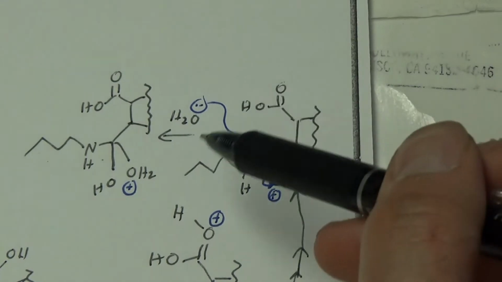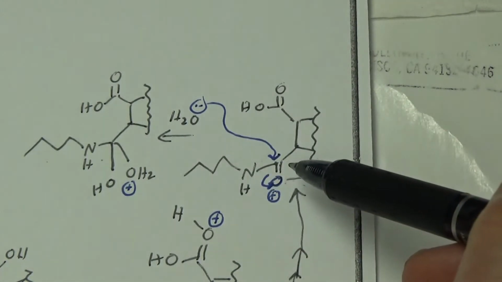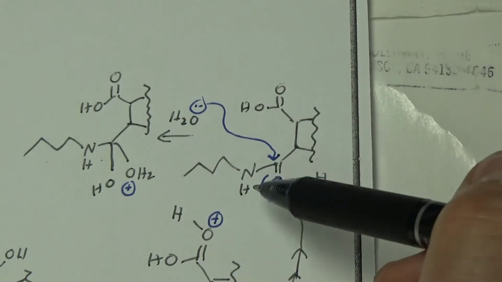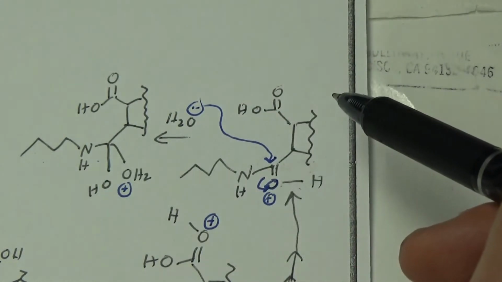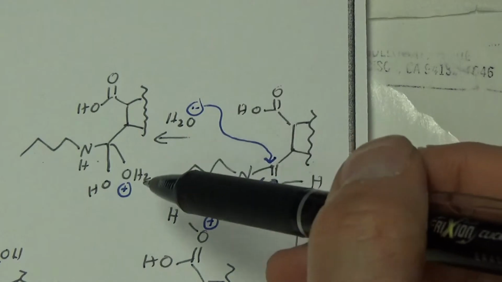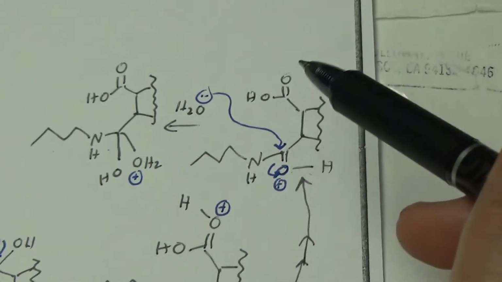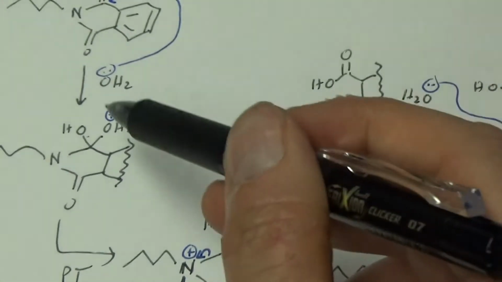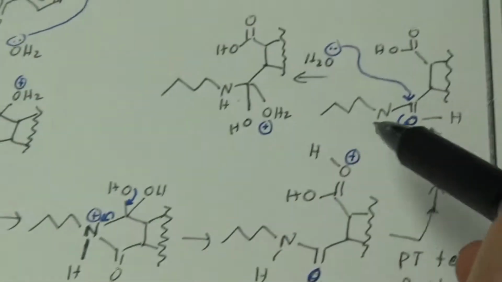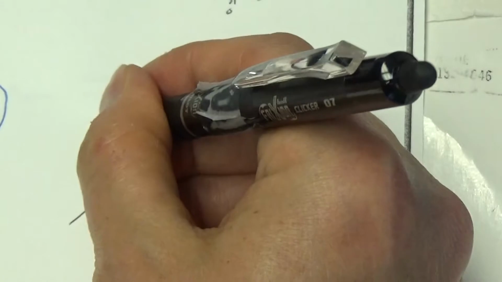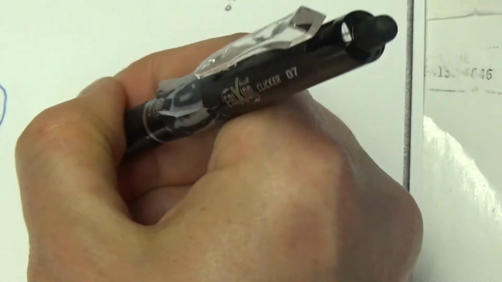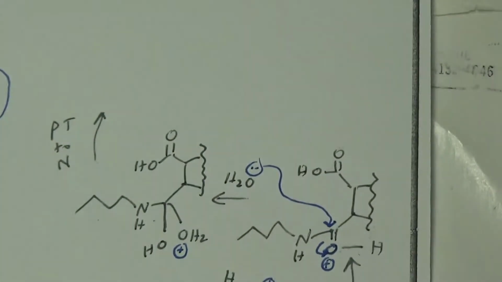Okay, what do we always do after nucleophilic attack? Our goal again is to kick off the nitrogen, right? It's got to be kicked off as a leaving group. So now we're going to PT from oxygen to nitrogen, just like we did earlier, right? We PT'd to nitrogen, now we're going to PT to nitrogen again. PT to nitrogen.